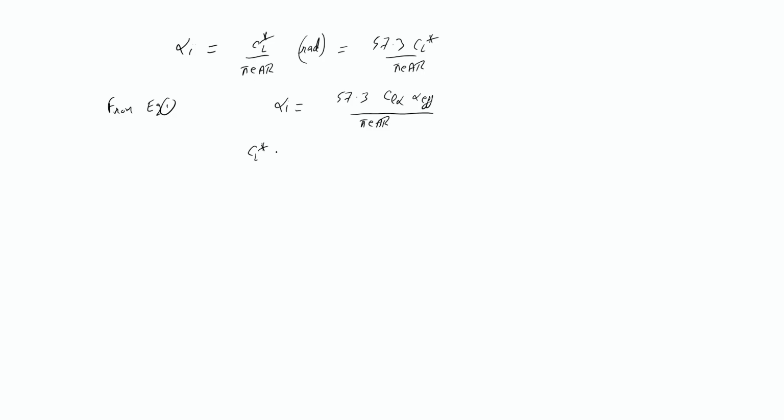In the previous equation that we have mentioned for a finite wing, Cl star we can write here as Cl alpha into alpha effective. Remember this is in degree. Okay. So plus alpha i is this much, 57.3 C small l alpha effective divided by pi E AR. So this is equation number 2.